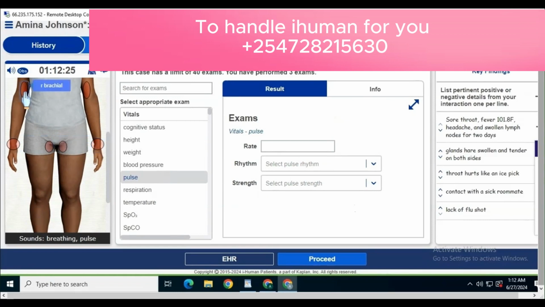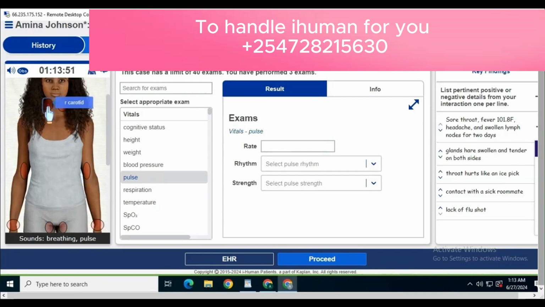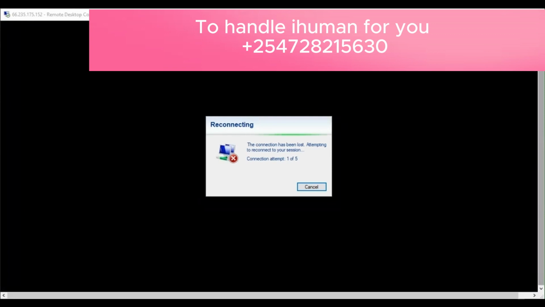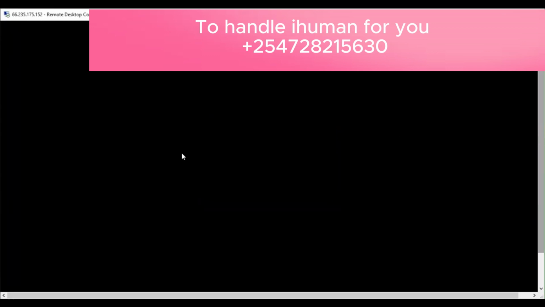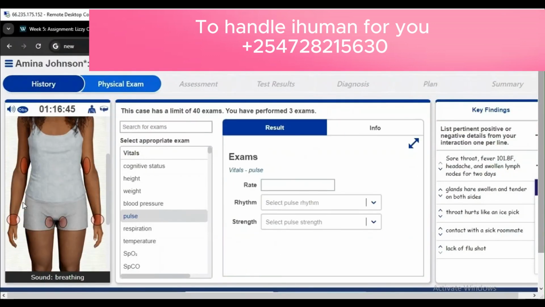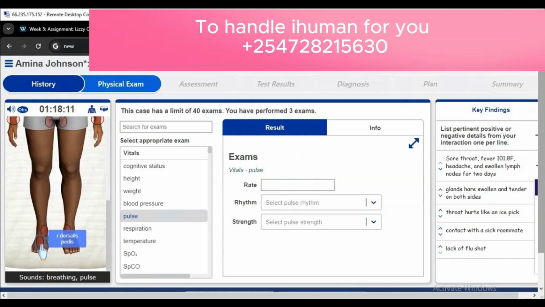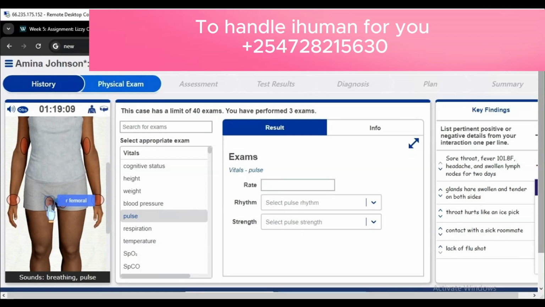because it always covers some information about the patient that you are supposed to assess. Yes, some of these physical exams that you are required to carry out include the patient's pulse, blood pressure, respiration, temperature.